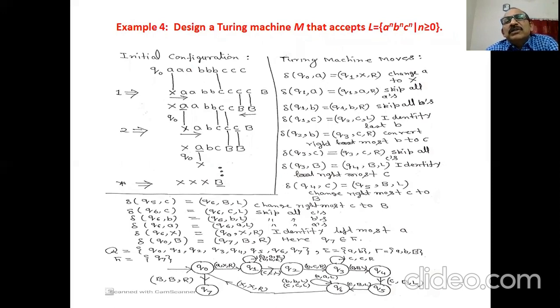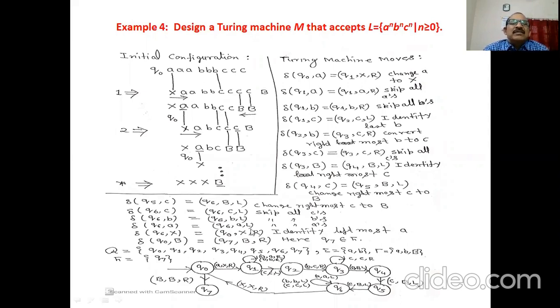Okay, let us take another example. To design a Turing machine for the language a^n b^n c^n such that n is greater than or equal to 0. And you know this is a non-context-free language. You can see, take any word of this language.